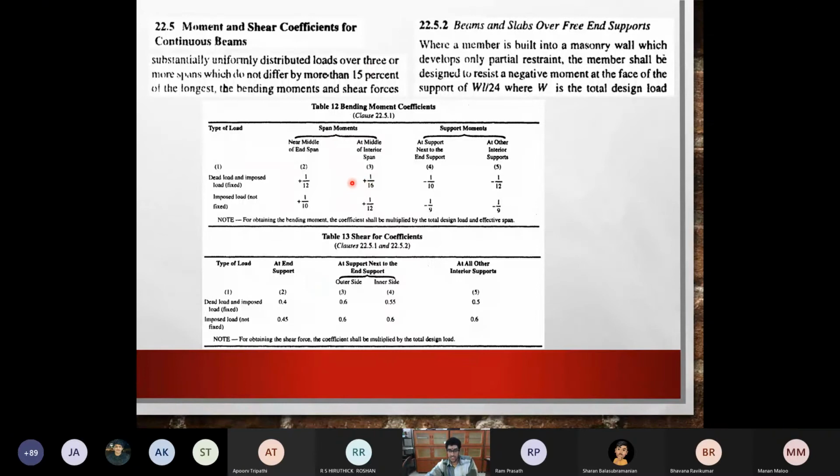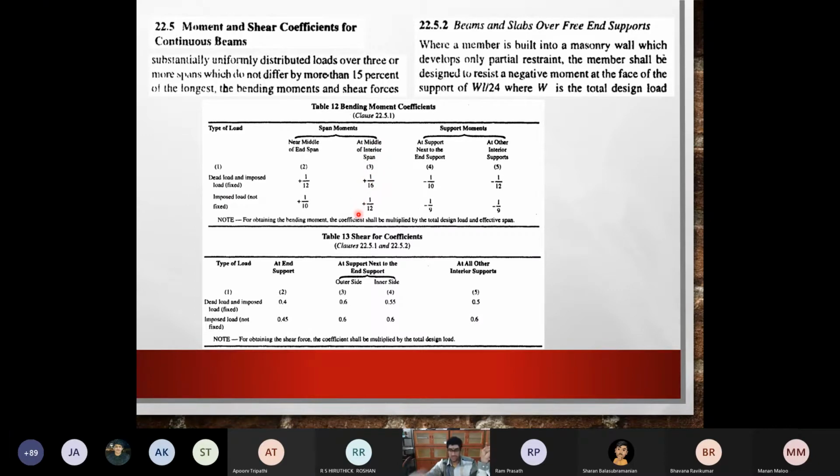These things I told you. If you have continuous spans of either beams or continuous slab systems, whatever they are, this is how you decide to find your bending moments in each of those spans: end span, interior span, end support, interior support, and all these things. This is the coefficient that you use. For example, if you have a dead load W and a live load WLL, and you want to find the bending moment at the middle interior span, you'll do WL square by 16 plus WL square by 12 for the live load.